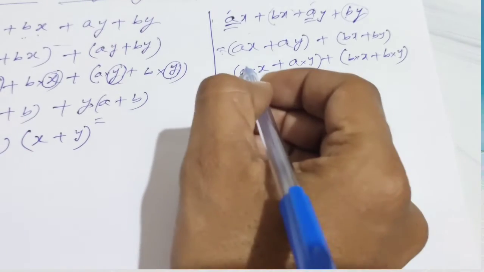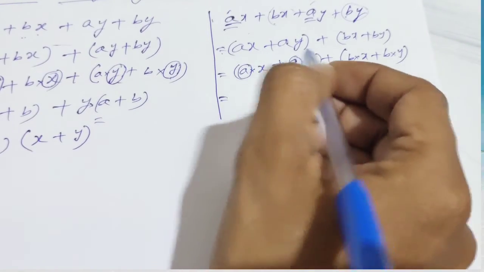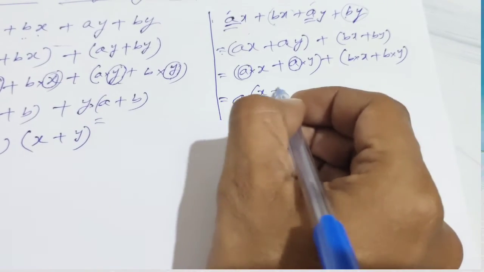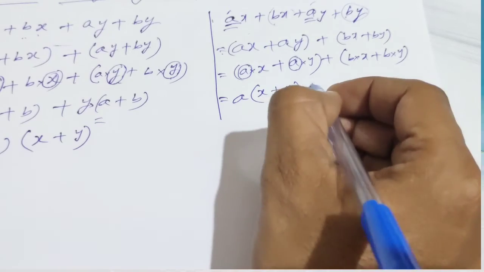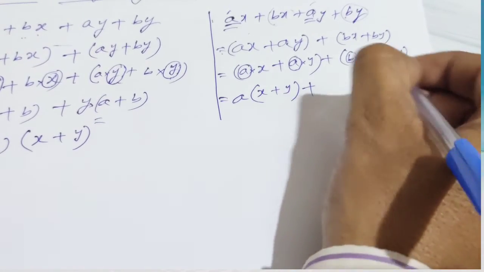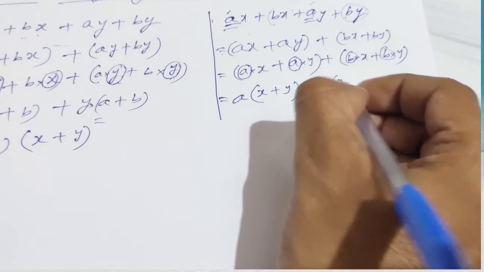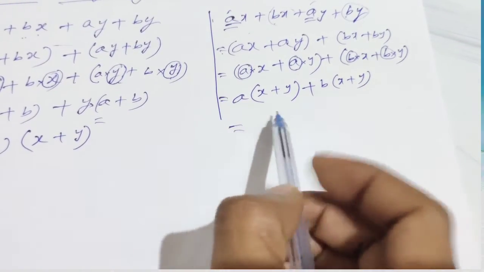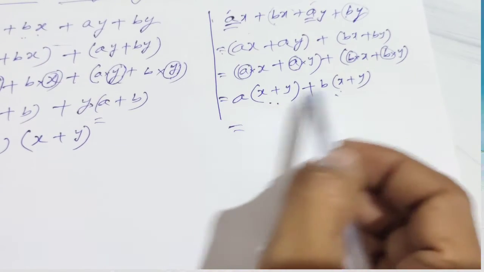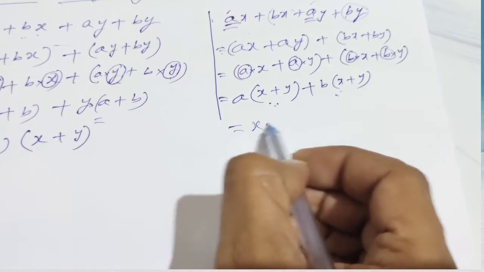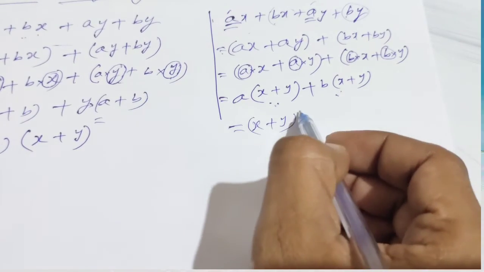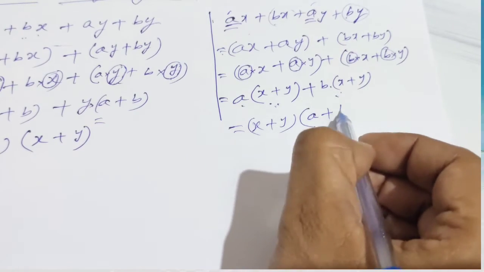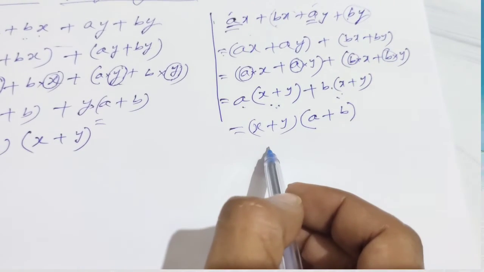Now a is common from the first group, so take it outside, a into x plus y, plus b is common in the next group, so b into x plus y. And observing these expressions, from each group we have again one common factor, that is x plus y, take it outside, x plus y bracket begin, again here a plus b in the next one.